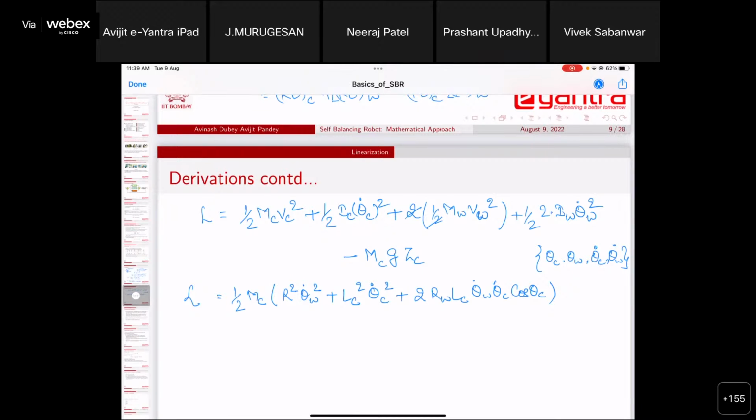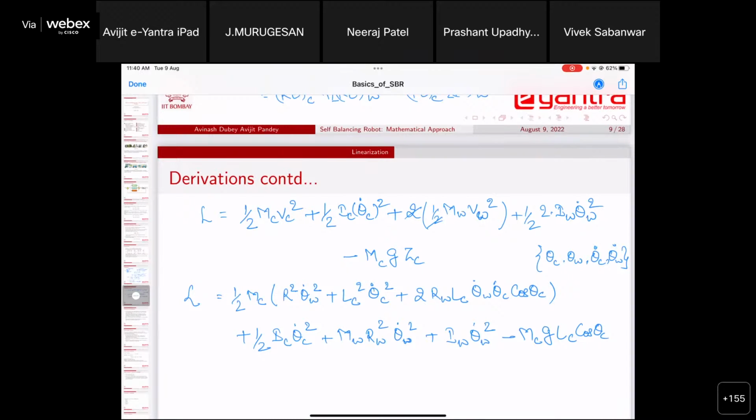You can verify later, but this will be the expression: half ic theta c dot square, half ic omega square, which has already been there, plus mw vw square, which is rw square theta w dot square, plus iw theta w dot square minus mc g lc cos theta c.